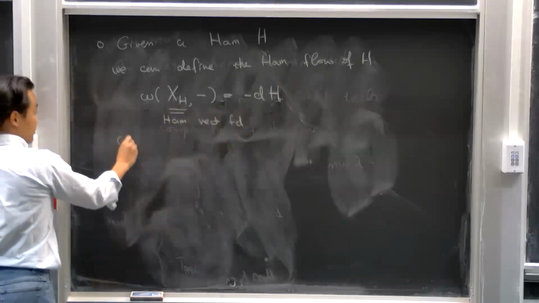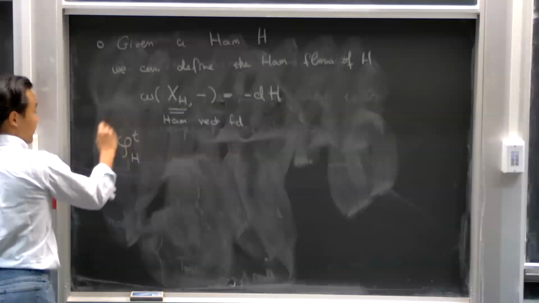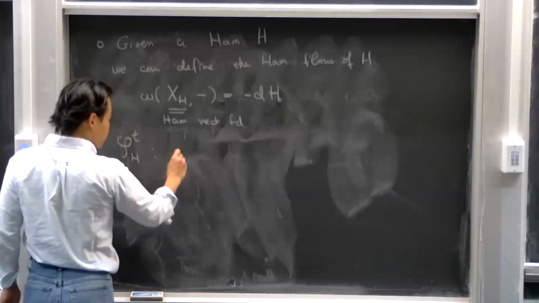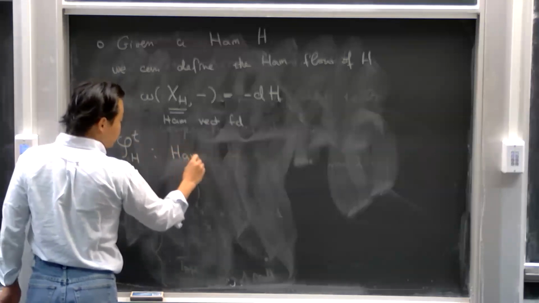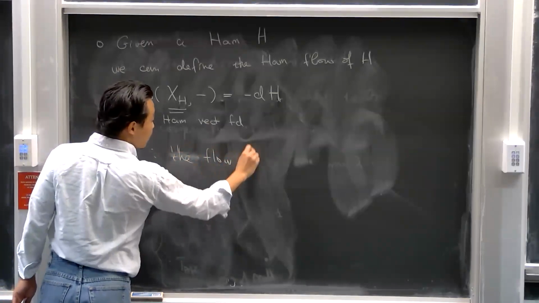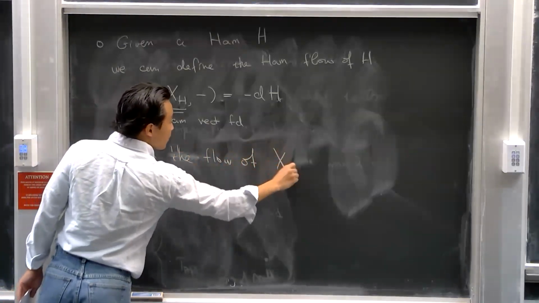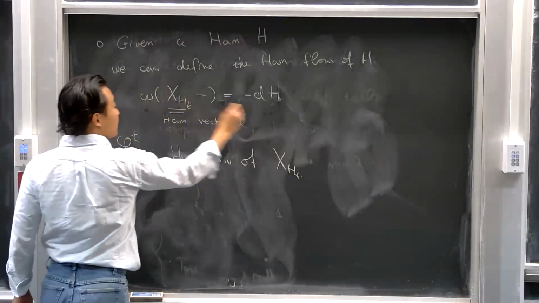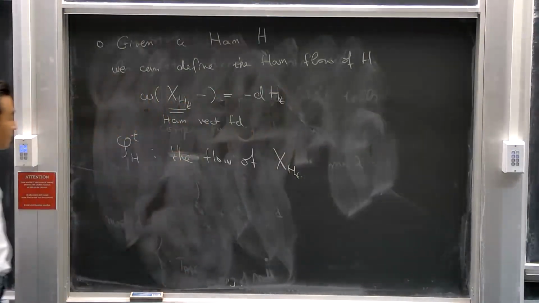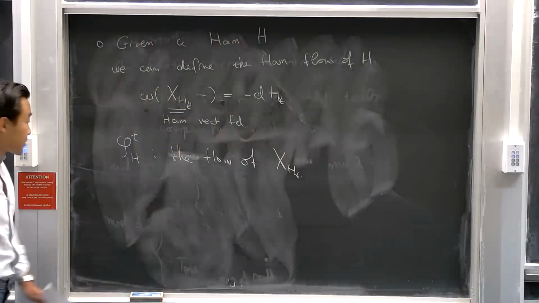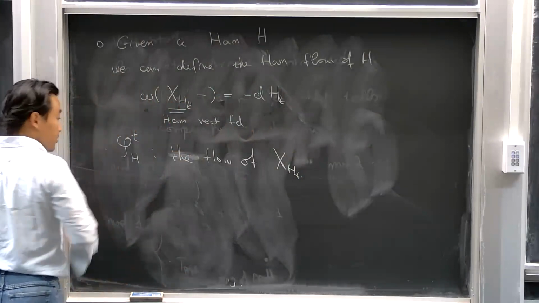And then you get a flow from the Hamiltonian vector field, called the Hamiltonian flow. And then you want to study the dynamics of this flow. That was the original question in symplectic geometry.